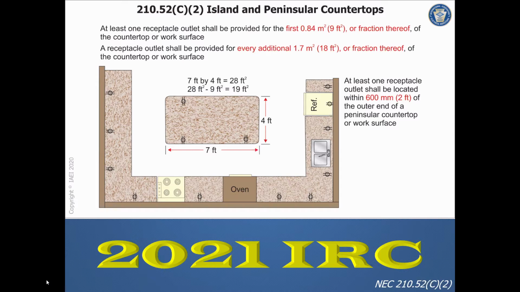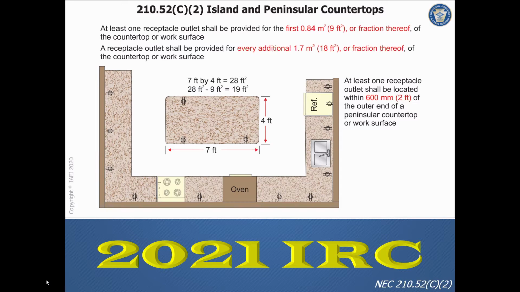Have we reached the point in time to where perhaps it's time that we put some code language in place that would demand more than one receptacle for something like that 8.5 foot long, 2 foot wide peninsula like we talked about before lunch?